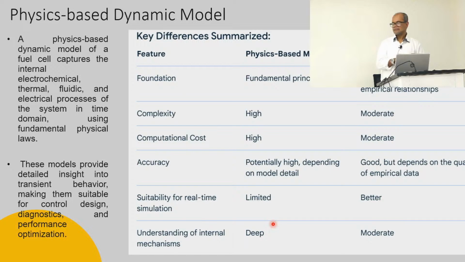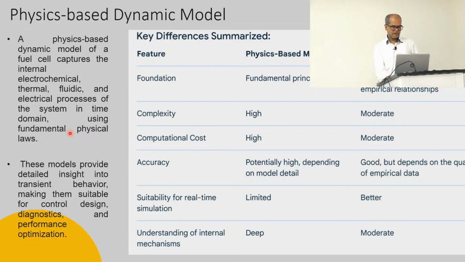And then there is the most detailed dynamic model, the physics-based model, which captures the internal electrochemical processes that we mentioned, but on top of that also the thermal, fluid and electrical processes in the system, using fundamental physical laws.